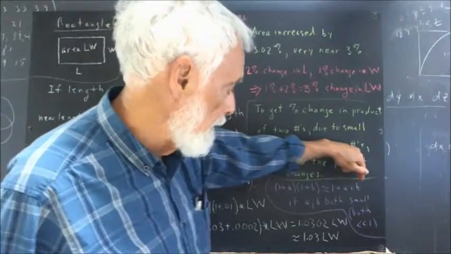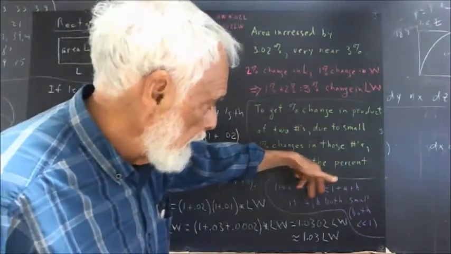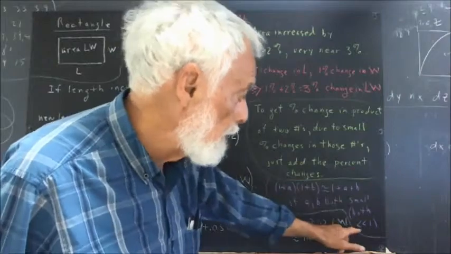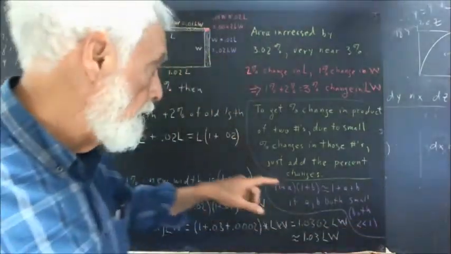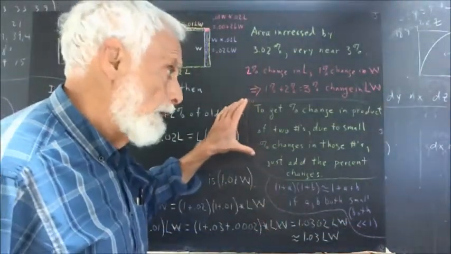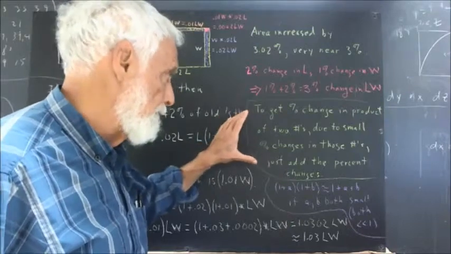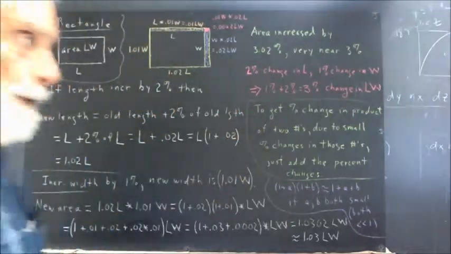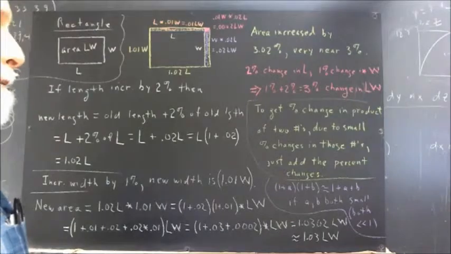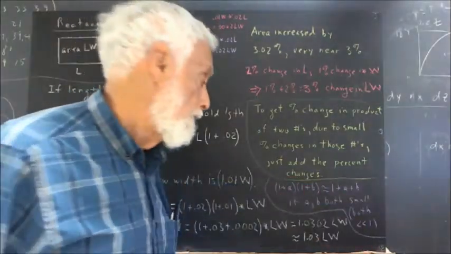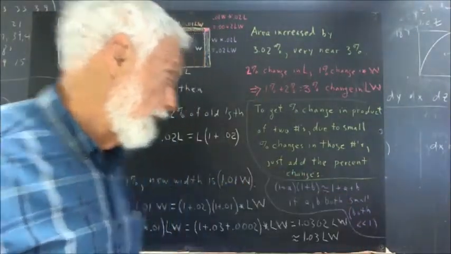Now, if you can prove that 1 plus A times 1 plus B is very close to 1 plus A plus B, provided A and B are both small, both much less than 1, then you have a basis for restating this in more precise mathematical terms and actually proving it. Now, that's not the kind of thing our educational system leads us to do.